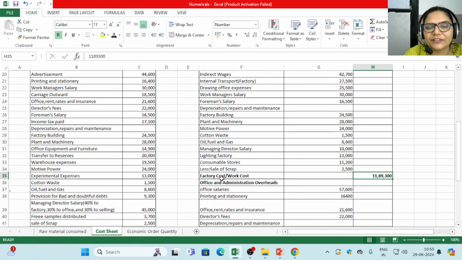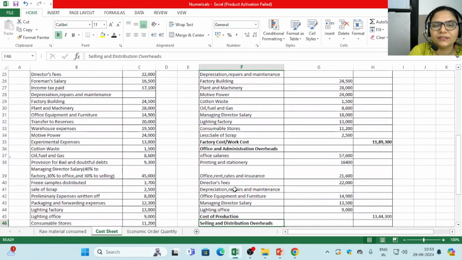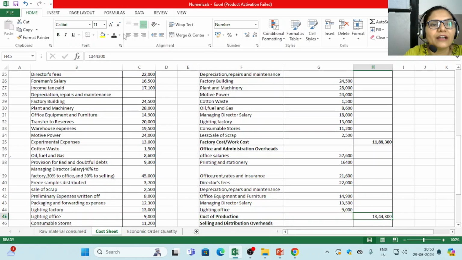Now, in factory cost, we will add office and administration overheads, and we will be arriving at a value of cost of production, which is 13,44,300.